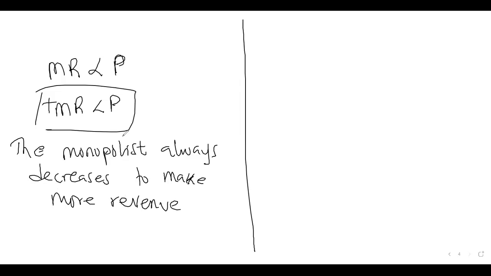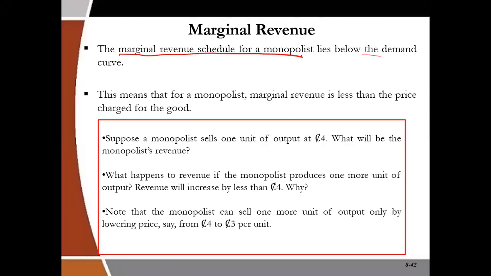So the monopolist always decreases price to make additional revenue. That is what a monopolist always does. I think I've explained these things extensively.